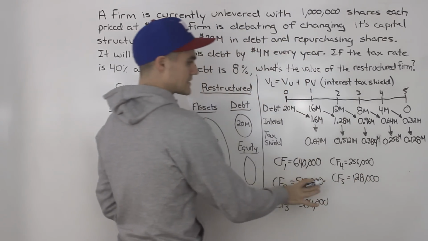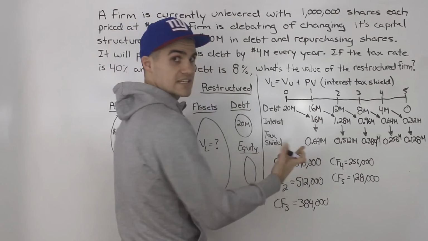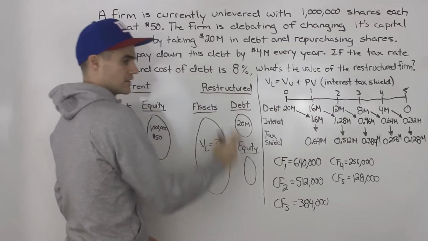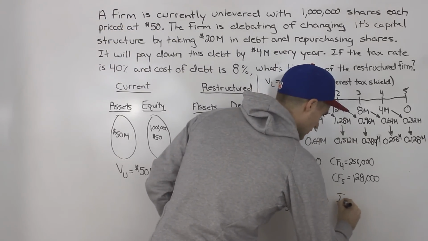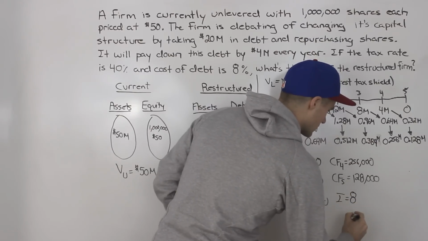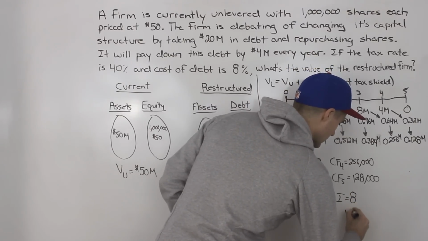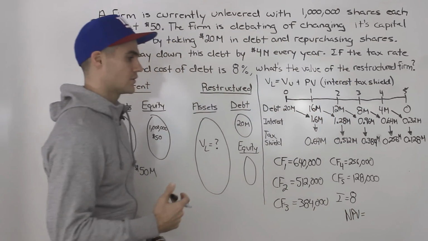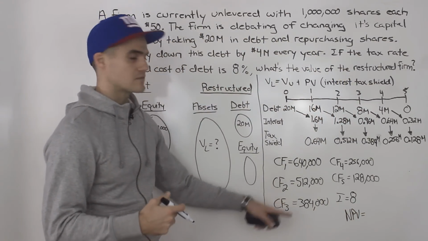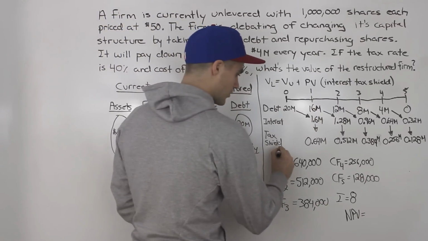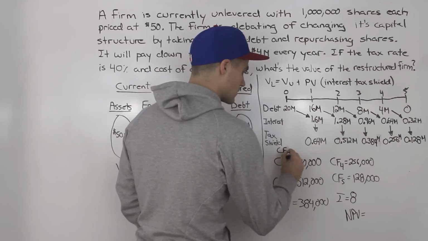And then you always take the present value of the interest tax shields in this chapter at the cost of debt. So the interest rate that you're going to present value all of these at is 8%, and then you're using that NPV functionality on your calculator to calculate the present value of all of these cash flows. You may also have to input CF0 equals 0.